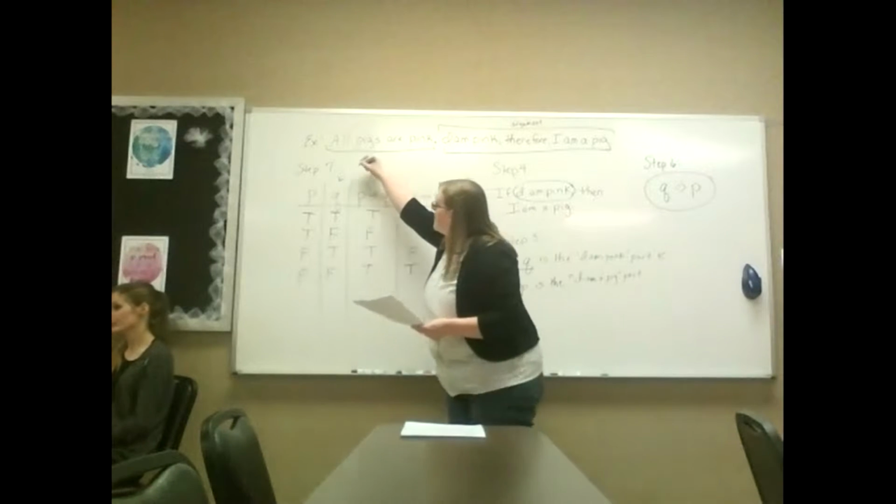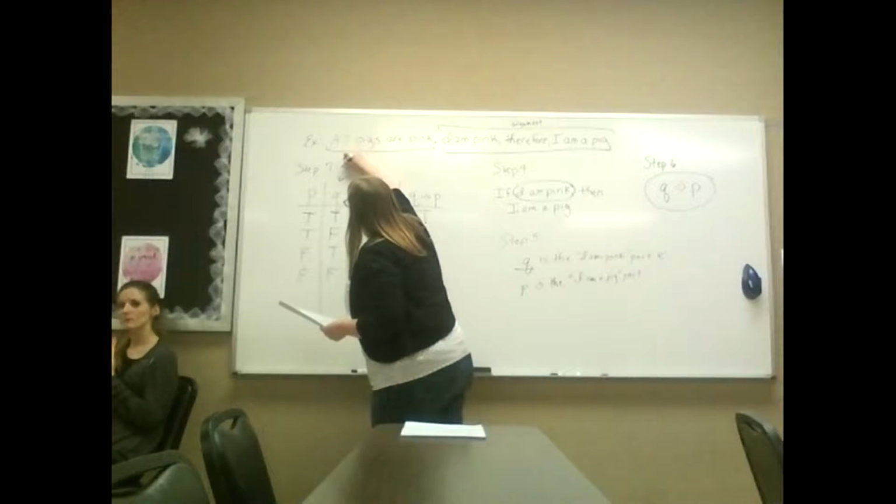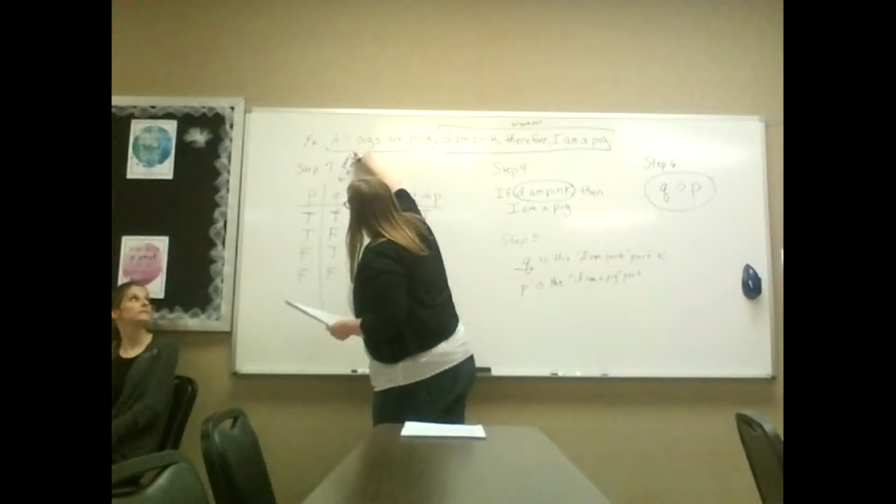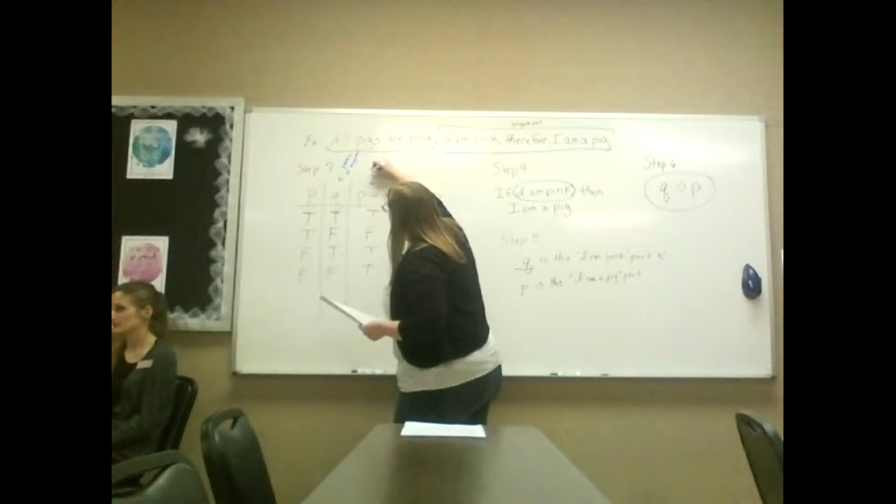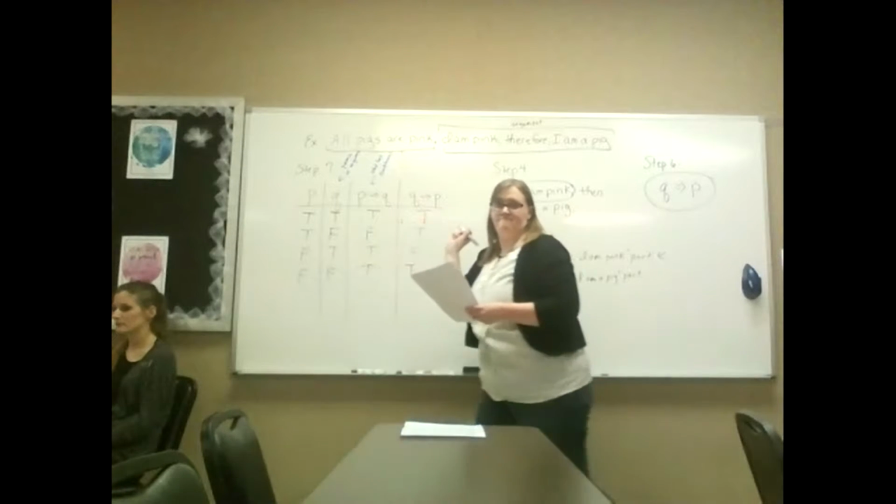So this, and I'm going to label this, so this is the premise. Maybe this will be helpful to you guys. Premise of argument. This is the solid fact conditional. Okay.